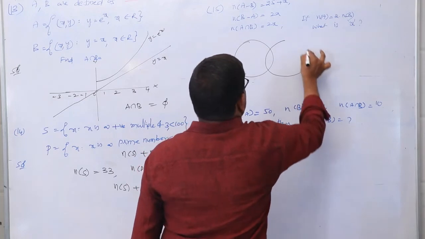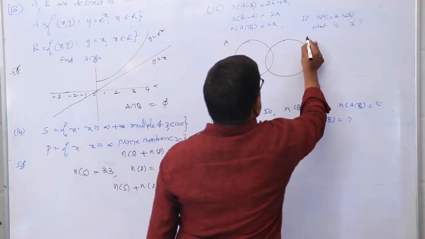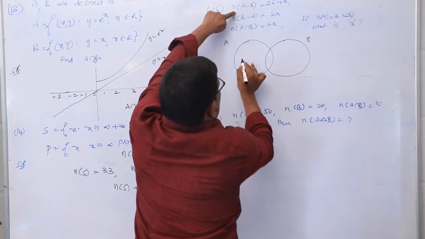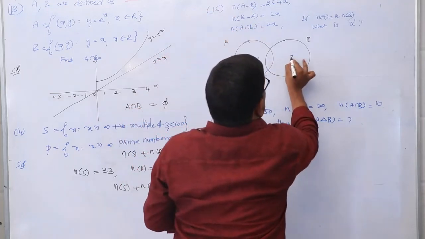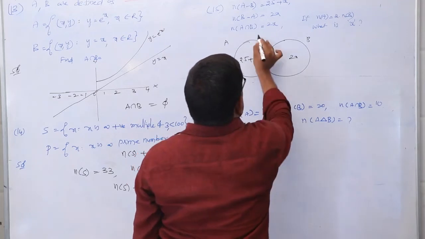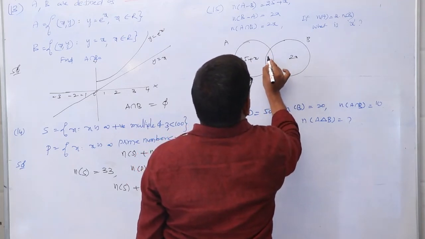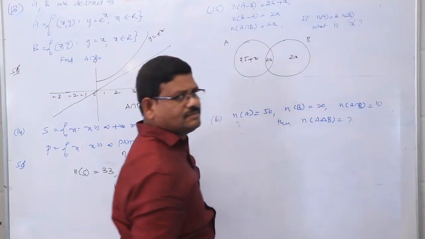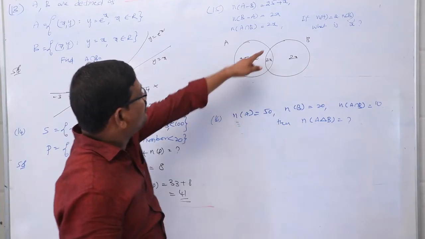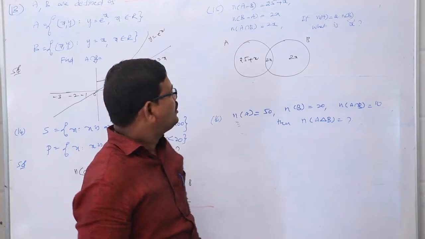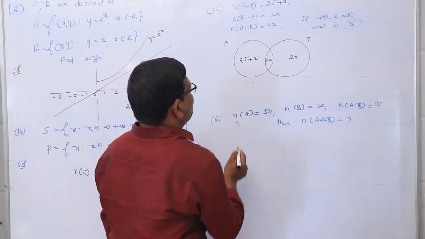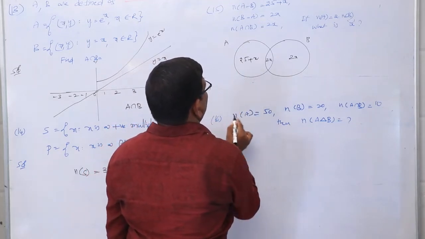Using Venn diagrams, here it is A, B. A minus B is 25 plus x, B minus A is 2x, and A intersection B is 2x.